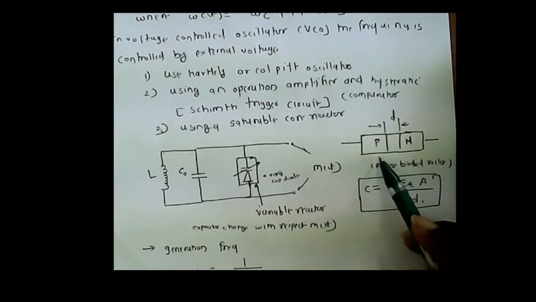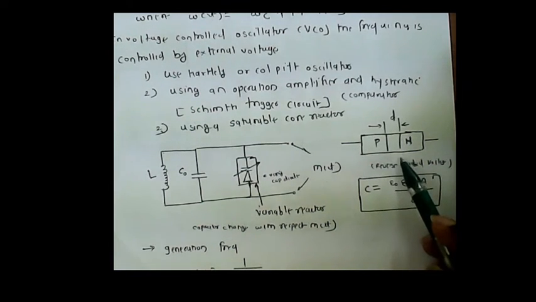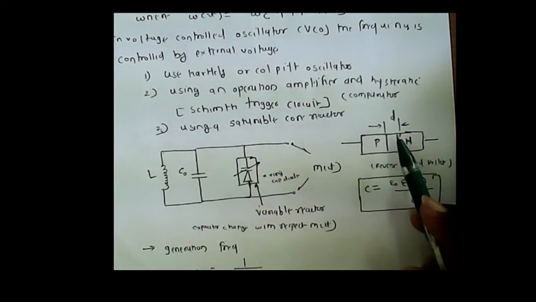It is formed by P and N junction layers of semiconductor material, and there is a depletion region between these two materials.